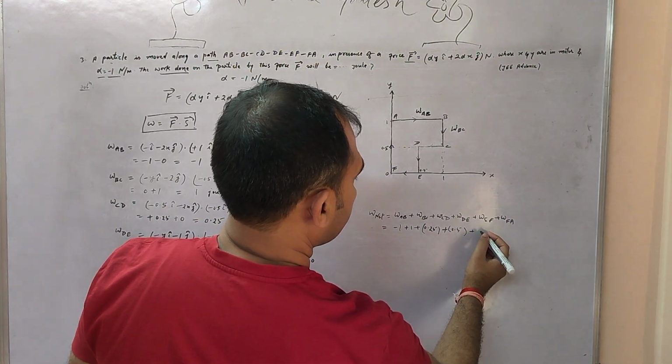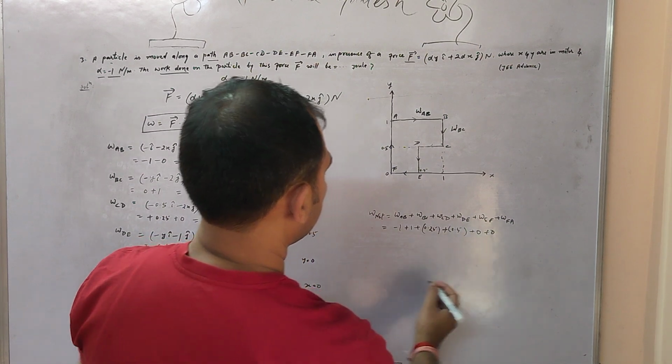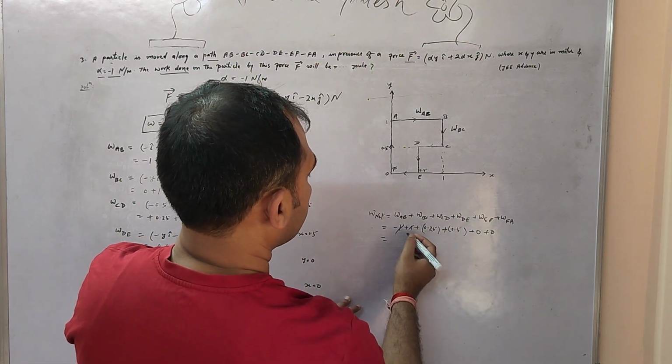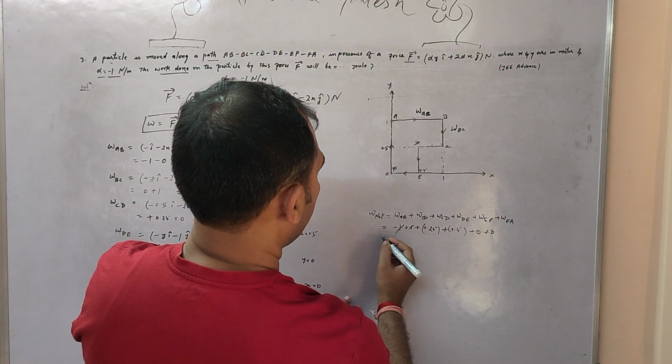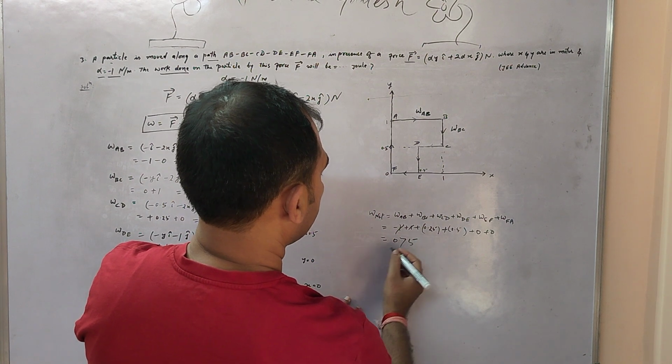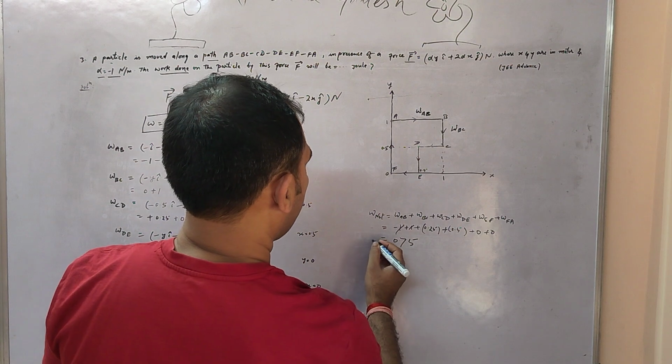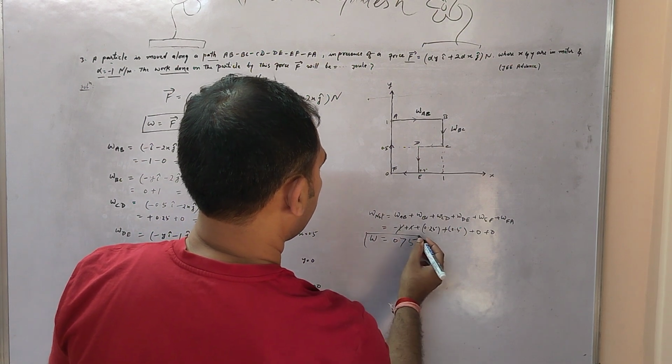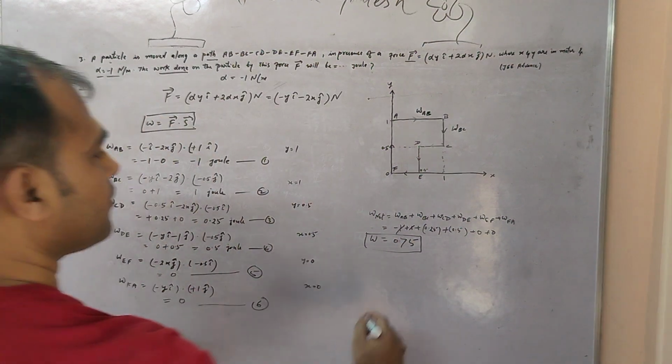So this will be 0 plus 0. Now the 1s cancel out. So the value of work done will be 0.75. This was our required answer.